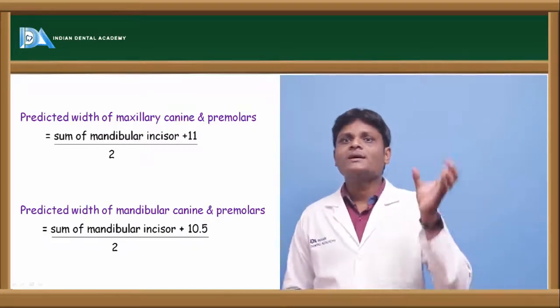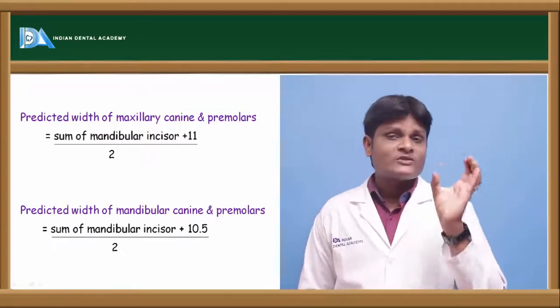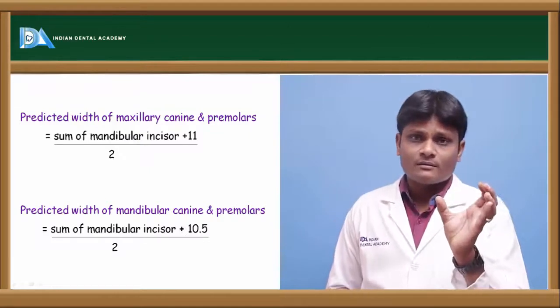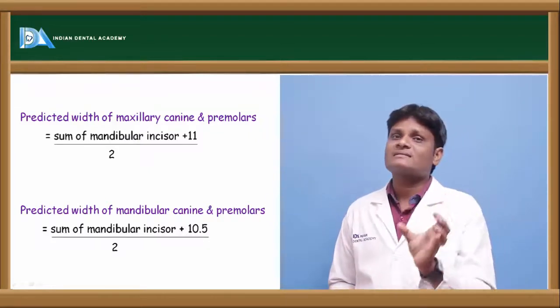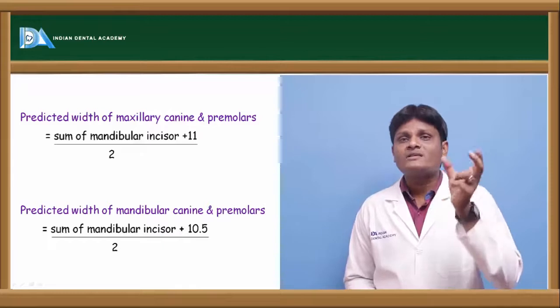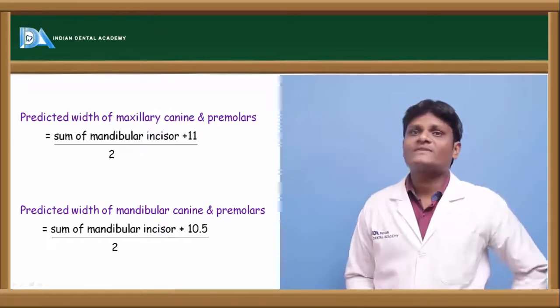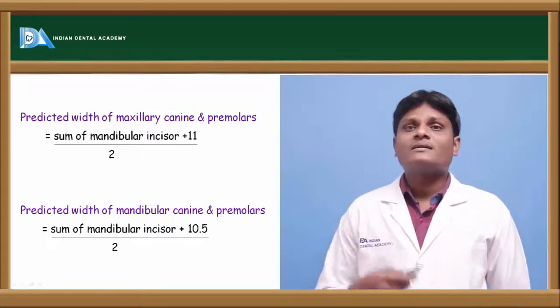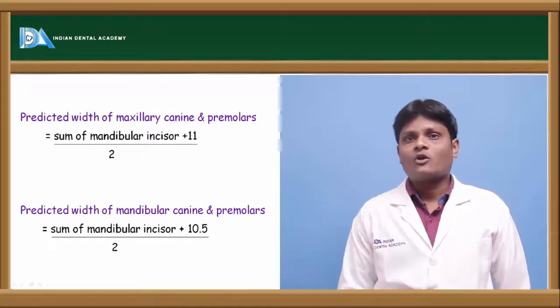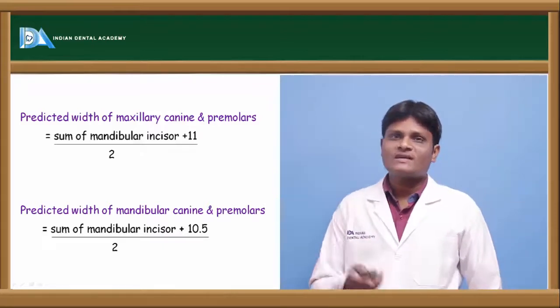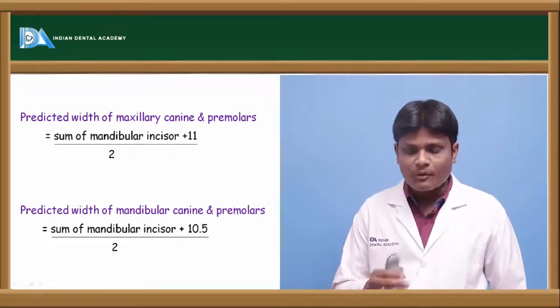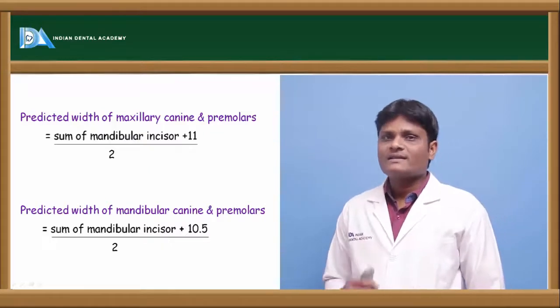That means here we are taking the combined mesiodistal widths of the mandibular incisors as a standard value. Based upon this value, by using specific formulae, we are estimating the combined mesiodistal widths of unerupted canine and first and second premolars. So this is about Tanaka and Johnston analysis.